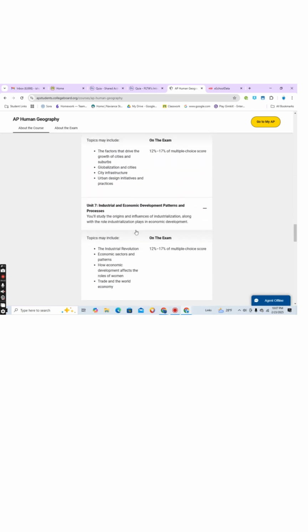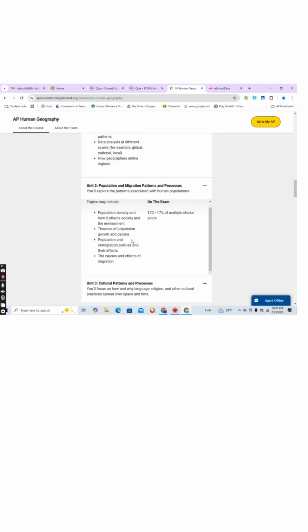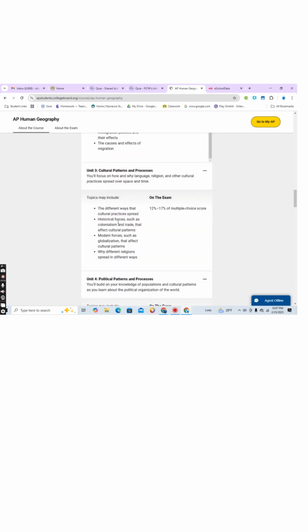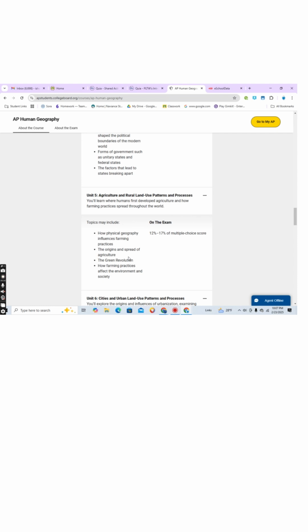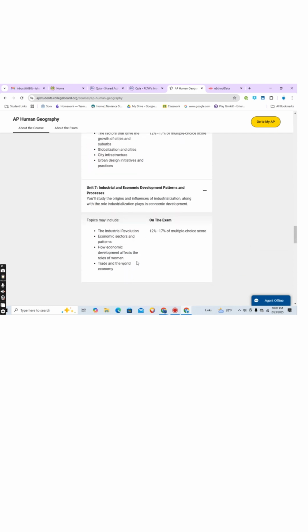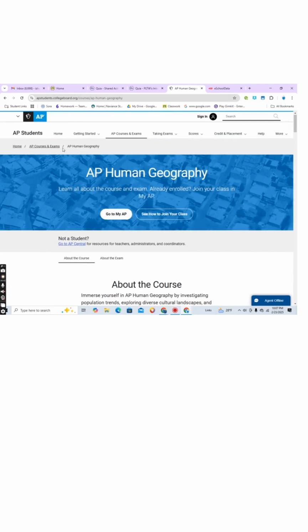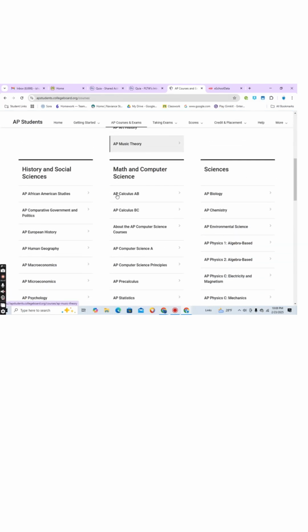I'd be amazing at this class. You look at maps, and this one's about population, culture, politics, and this one agriculture, urbanization, and the Industrial Revolution. Basically, I can probably get a 5 without even taking the class.